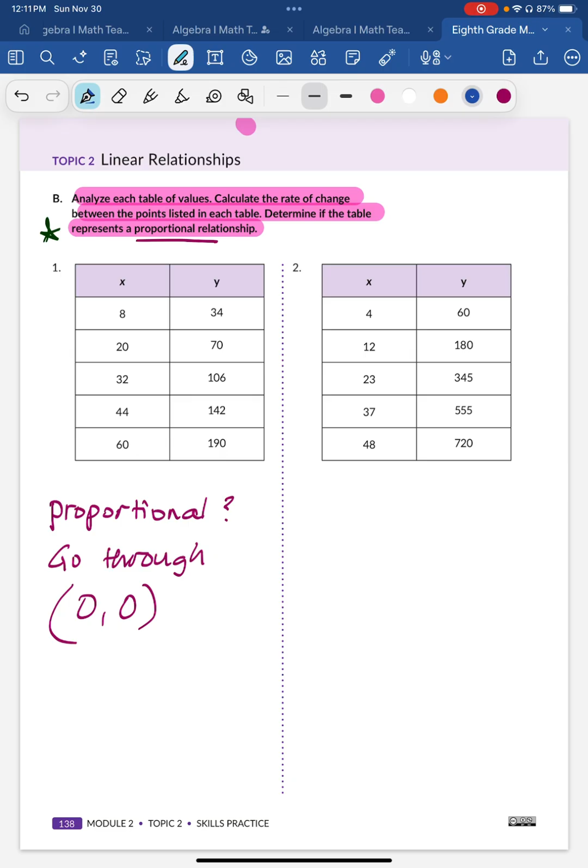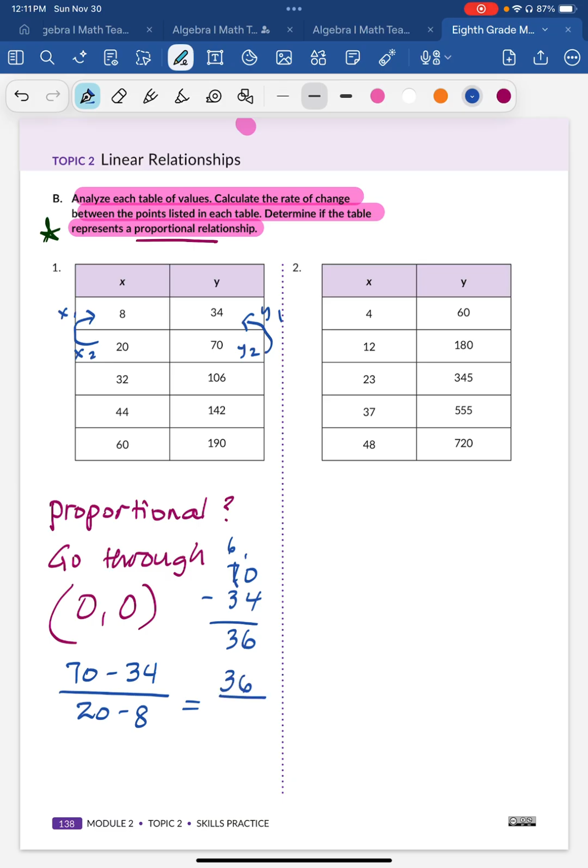So we would want to go y2 minus y1 divided by x2 minus x1. So 70 minus 34 divided by 20 minus 8. Okay, 70 minus 34 is 36. 20 minus 8 is 12. So what is 36 divided by 12? 3.